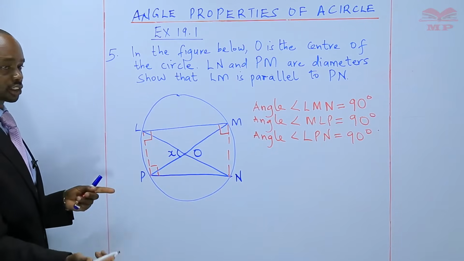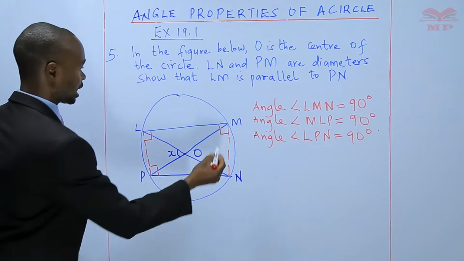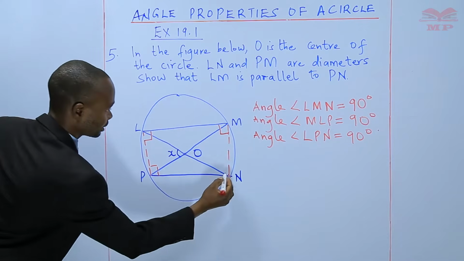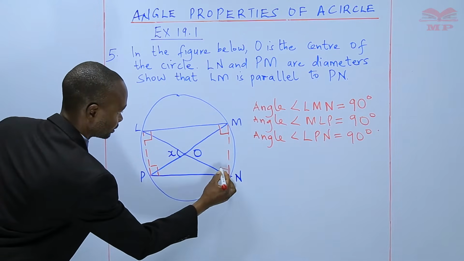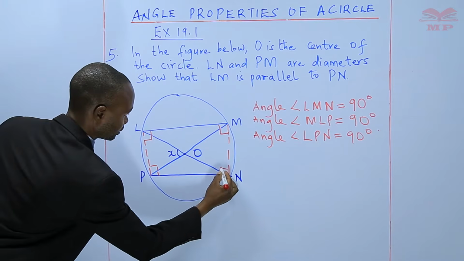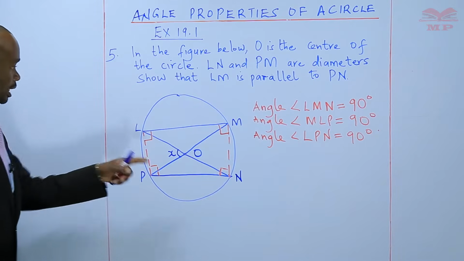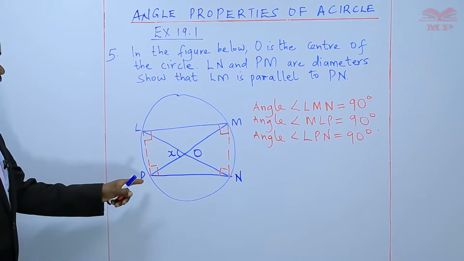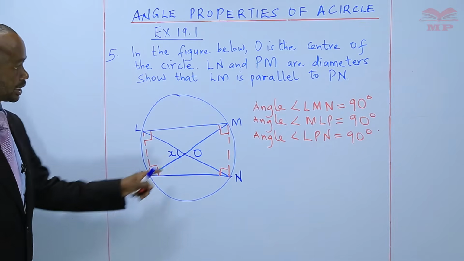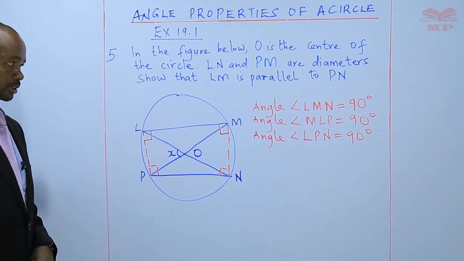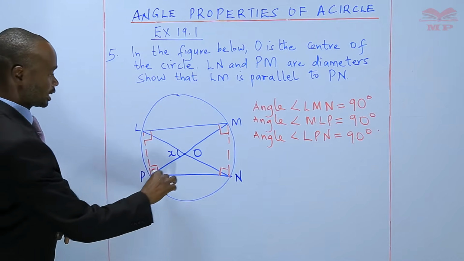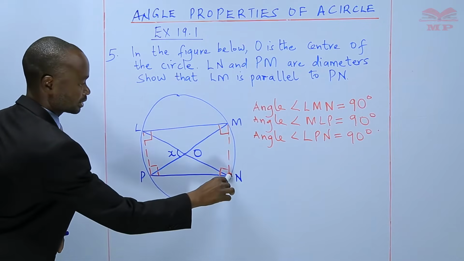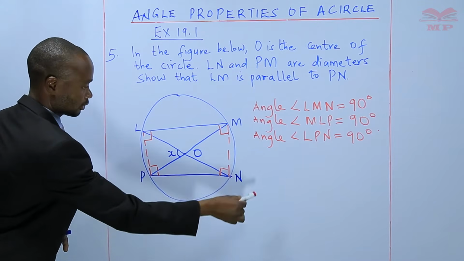We go to the last, 4th angle, which is angle MNP. It is subtended by diameter PM. You can easily see this is the diameter. It is subtending this angle in that segment.